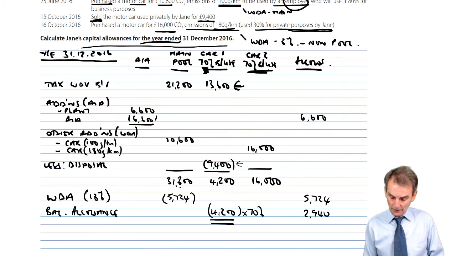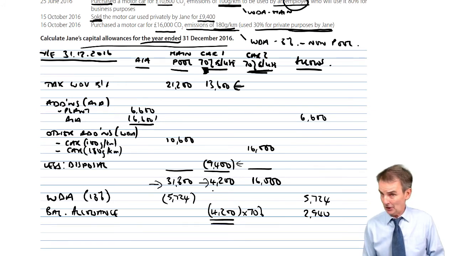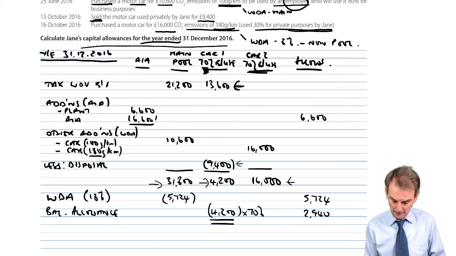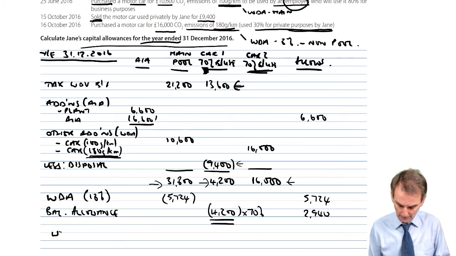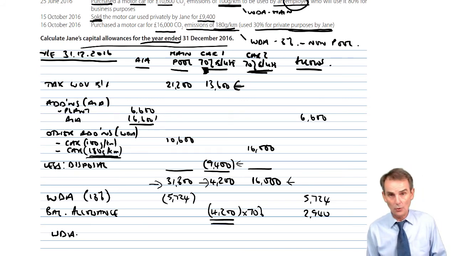So we've dealt with the main pool, we've dealt with the disposal of the first private use car, but then of course there was the replacement, 16,000. £16,000 on a car that had 180 grams per kilometre. So what level of writing down allowance would we say is eligible on that level of CO2 emissions?